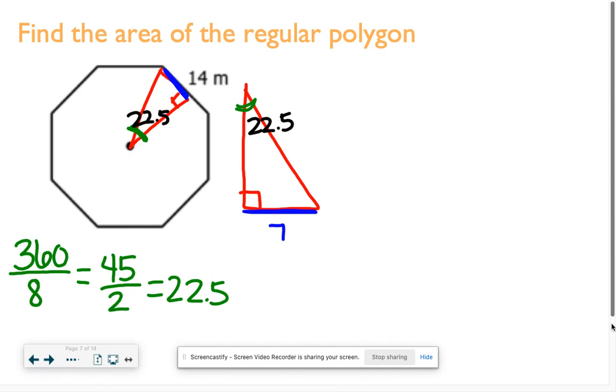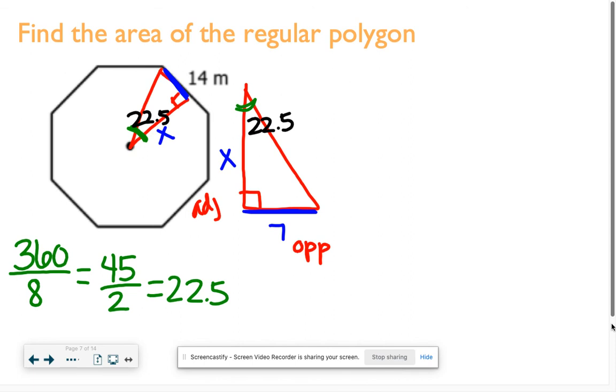Okay, now that's not a special angle to us, so we will have to rely on trig, which is okay. We love trig. And we are looking for our apothem, which is our guy right here. So this is what we're looking for. So if we label our sides, 7 would be our opposite, and x would be our adjacent.